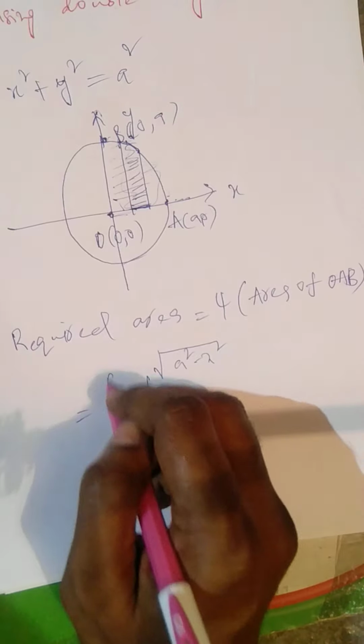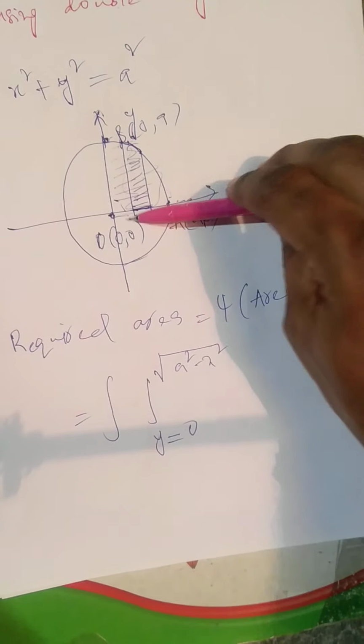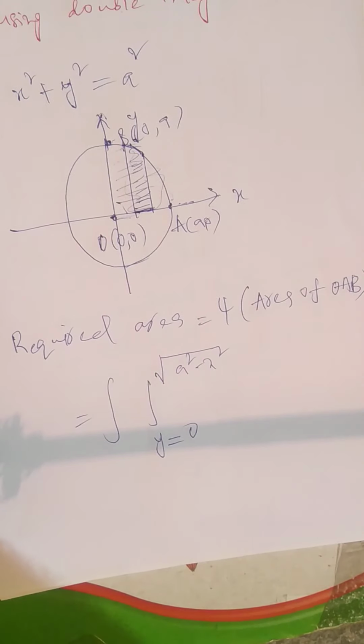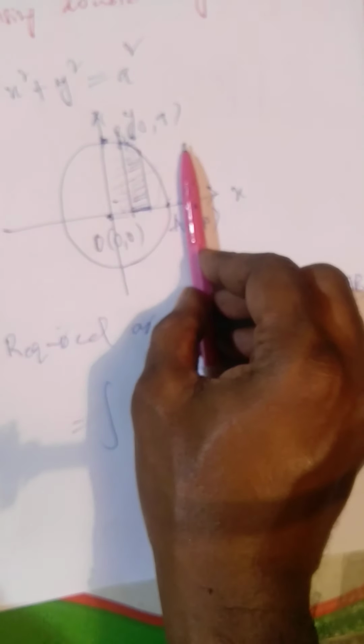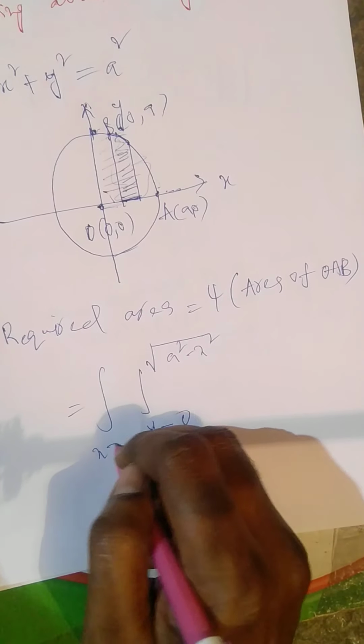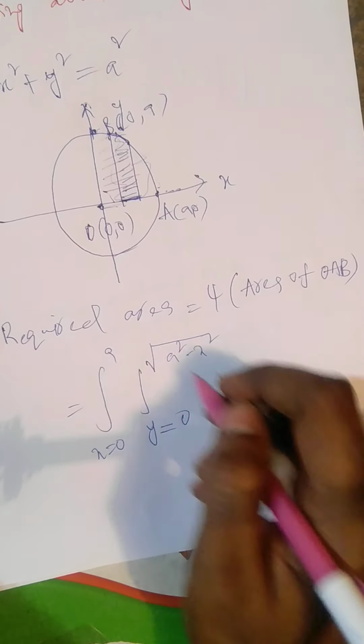The y limits are 0 to square root of a square minus x square, and x equals 0 to a because the maximum radius is a units.